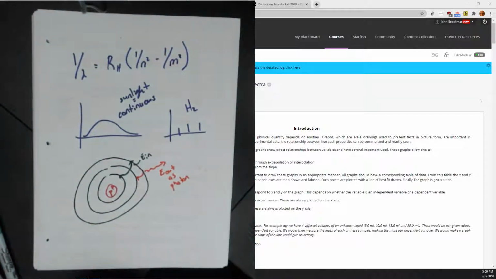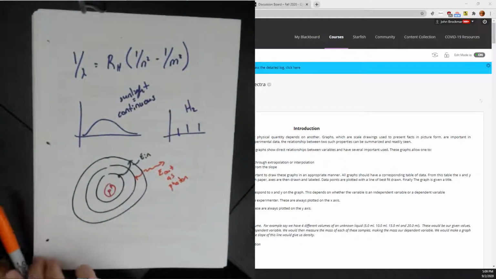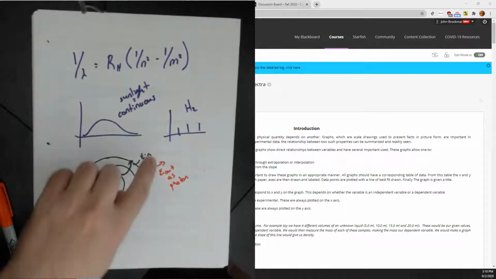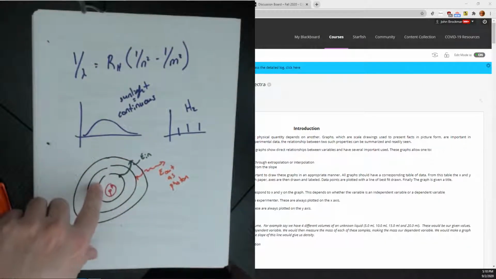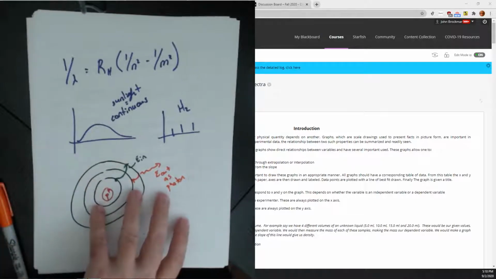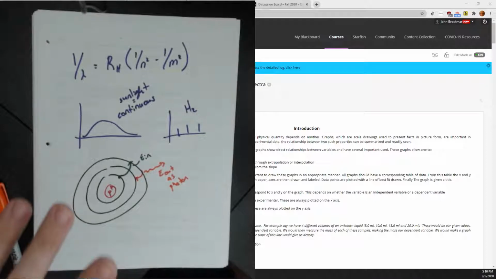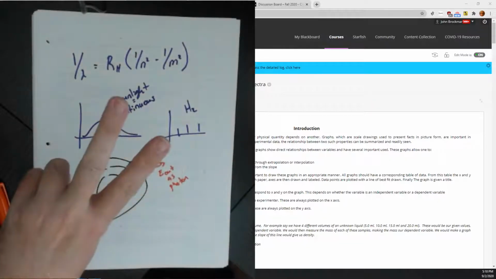So that is what you're going to be looking at, or that's one set of data you'll be looking at: different frequencies of light produced as an electron falls from a higher energy level to a lower energy level. Now, hydrogen being what it is, the lower energy level will be energy level 2. Okay.